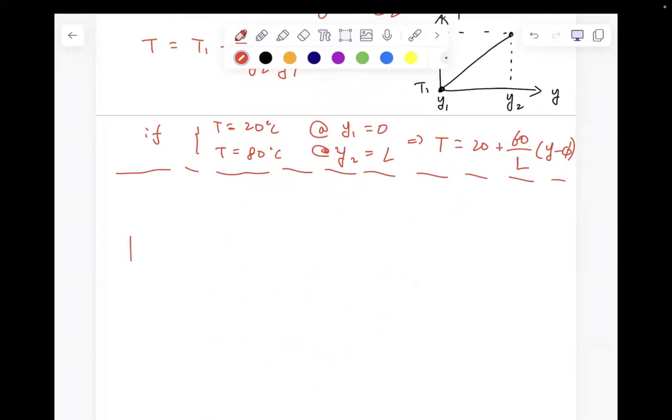Let's say we have a thin sheet. Because it's thin, the x direction can be ignored. We only have a y direction and a z direction.